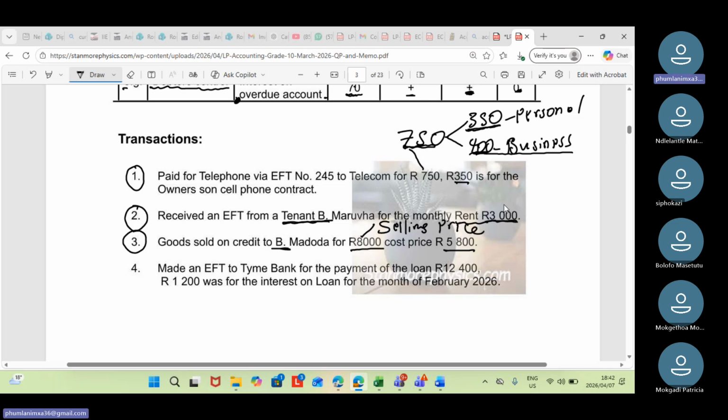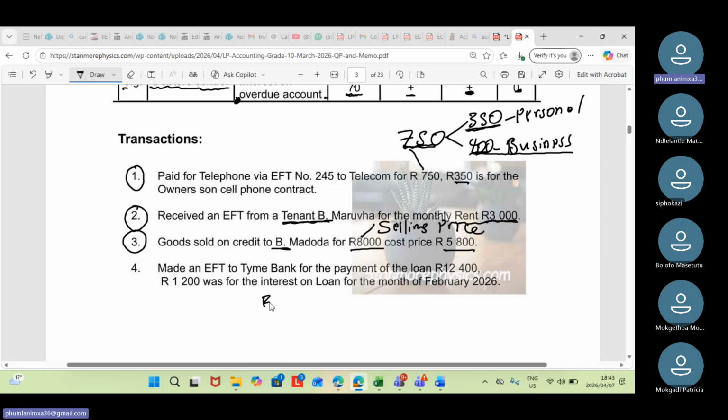Whenever we are selling goods, you'll have the selling price and the cost price. If today you decide to say, at school, I am going to sell second-hand calculators. Maybe someone who's doing matric decides they no longer need a calculator.